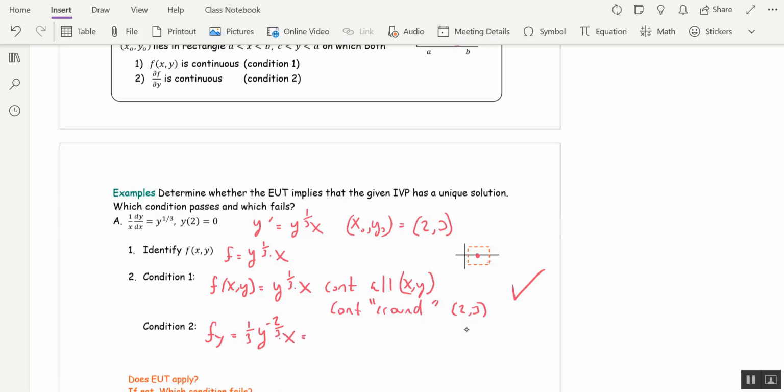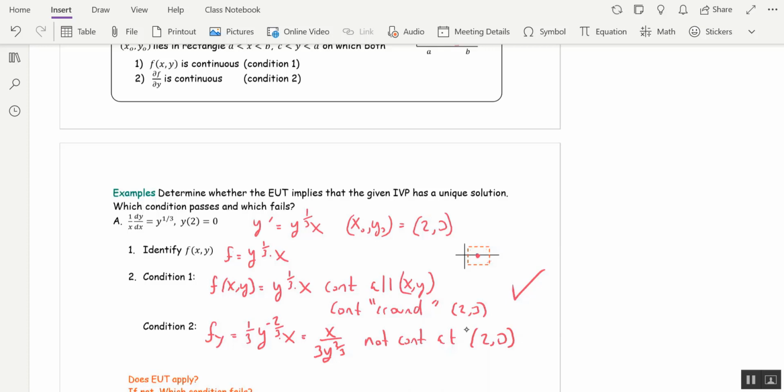Let's rewrite that. That's x over 3y to the 2/3. This is not even continuous at (2, 0). This is not continuous when y is 0. So at (2, 0), it's not continuous.